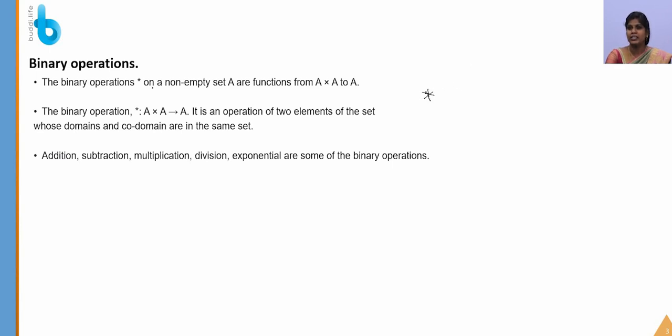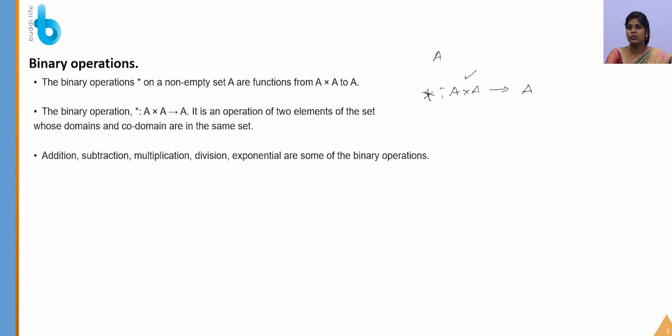So binary operation on a non-empty set A is a function from A cross A to A. If you are defining the binary operation on the set A, it is a function from A cross A to A. That is, the domain will be the Cartesian product of A cross A and the codomain will be the A. Then the binary operation star is from A cross A to A. It is an operation of two elements of the set whose domain and codomain are in the same set.